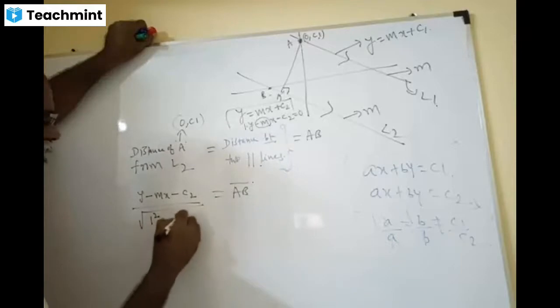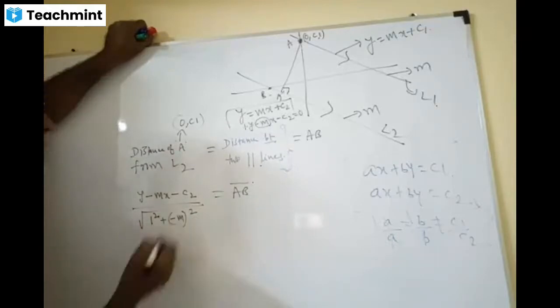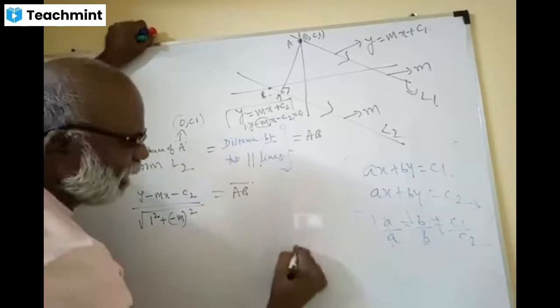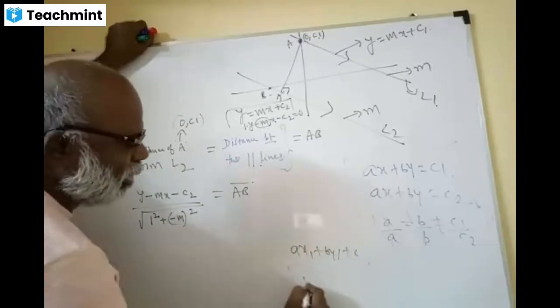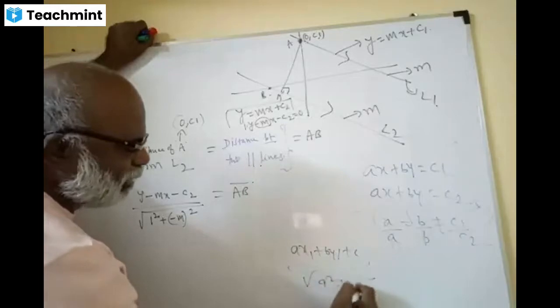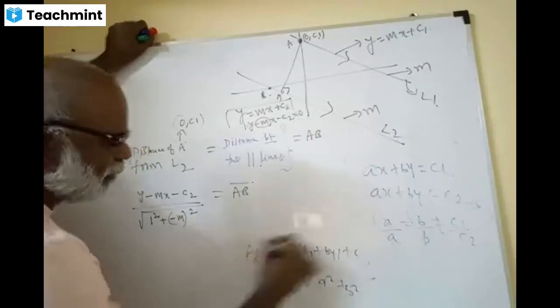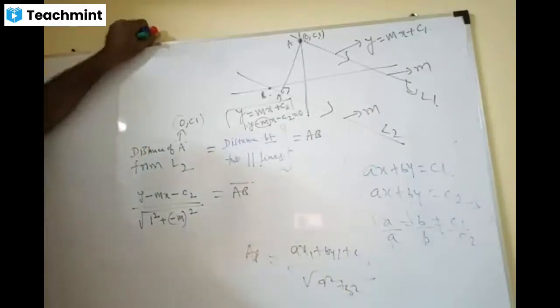Please understand this. Just now I told you (ax1 plus by1 plus c) by root of a square plus b square is the distance of a point from the line.